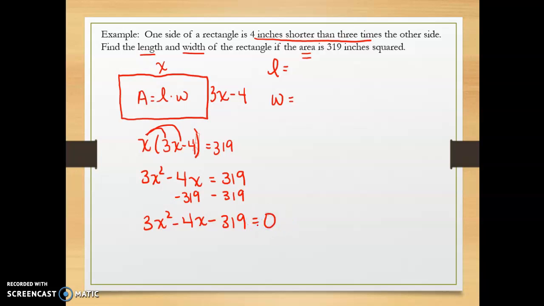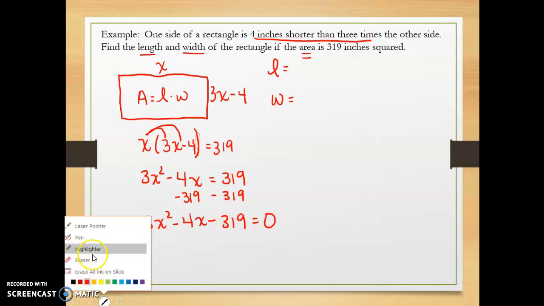And we can solve this two ways. We can solve it by factoring, or we can solve it by quadratic formula. I am actually going to use the quadratic formula because if I multiply a times c, it's going to get really big. So it's just easier to use the quadratic formula.